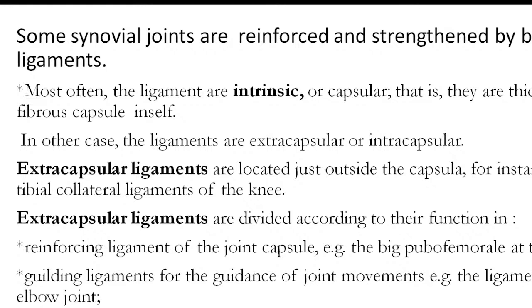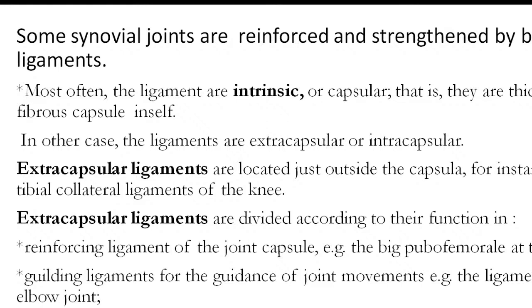Guiding ligaments for the guidance of joint movement, for example, the ligamentum annulare radii at the elbow joint. And inhibiting or restricting ligaments of joint movement, for example, the iliofemoral ligament of the hip joint.